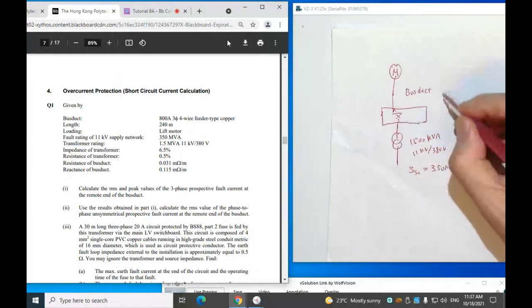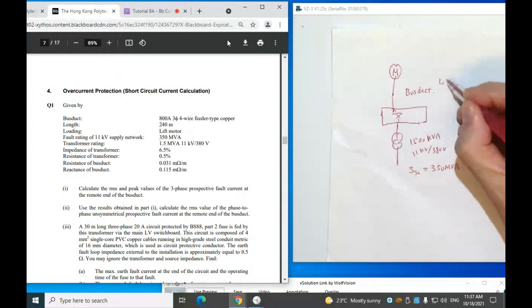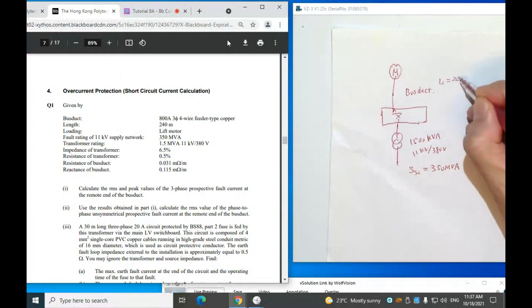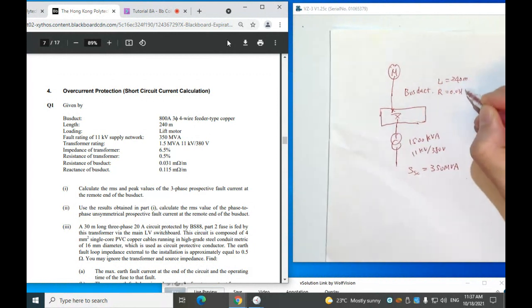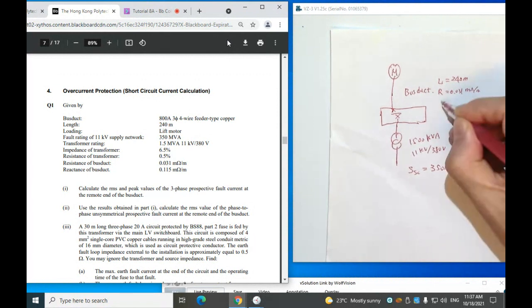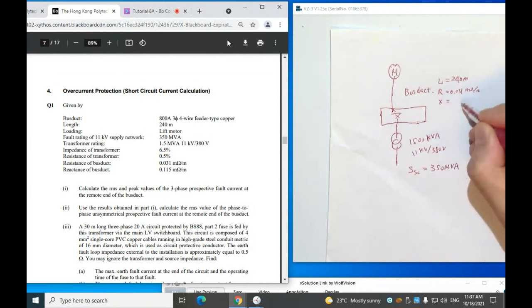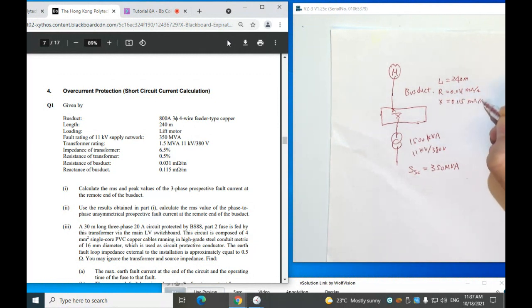The length L is equal to 240 meters, and the busduct impedance is given. The resistance is equal to 0.031 milliohm per meter, and the reactance is 0.115 milliohm per meter.